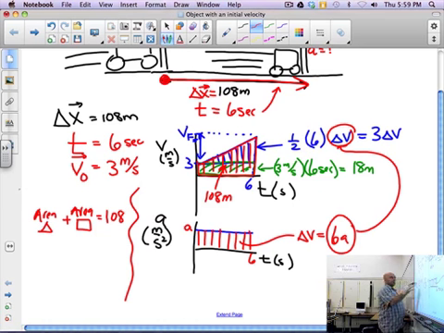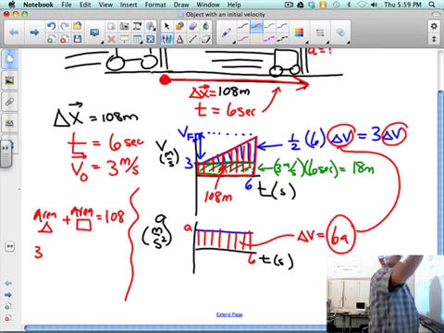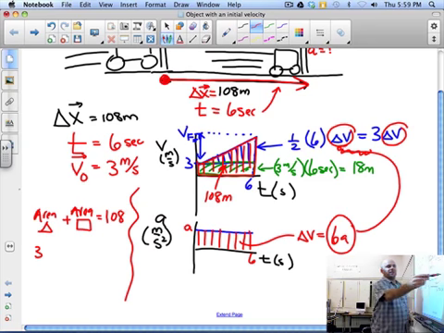And I'm going to leave out units at this point, okay? So 108 is equal to 3 delta V. That's what my triangle is. Except in place of delta V, sorry, I meant here and not here. In place of delta V, I'm going to put 6A, all right?